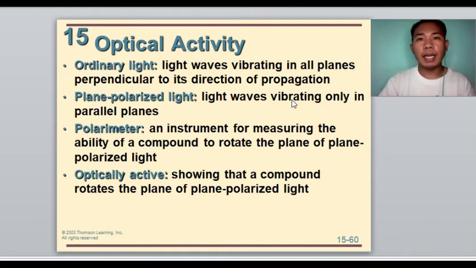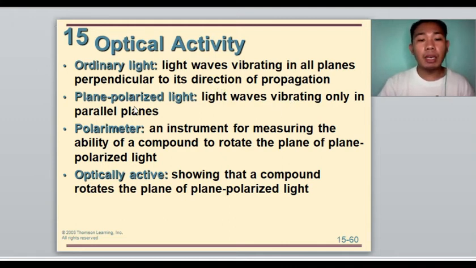Another question is, what is optical activity and how is chirality detected in the laboratory? Before we discuss this thoroughly, let us define words and other concepts of chemistry. Here we have ordinary light. Ordinary light consists of light waves vibrating in all planes perpendicular to its direction of propagation.